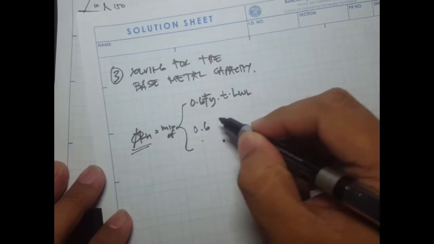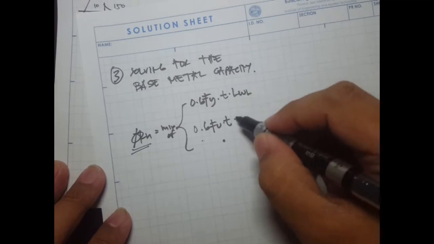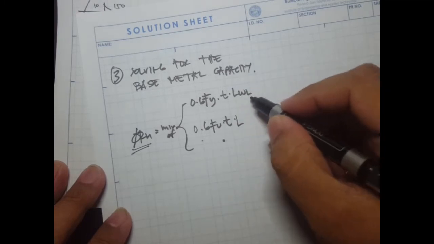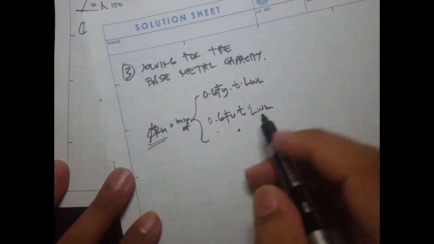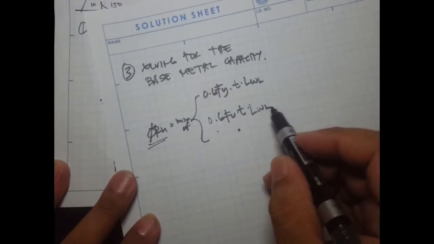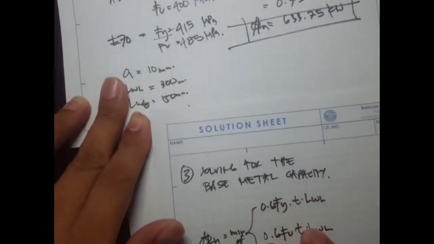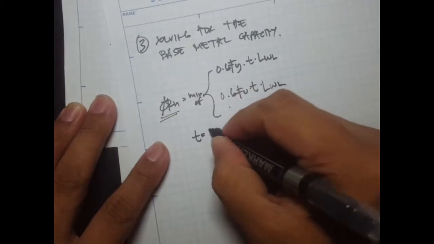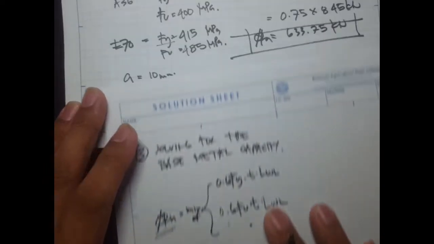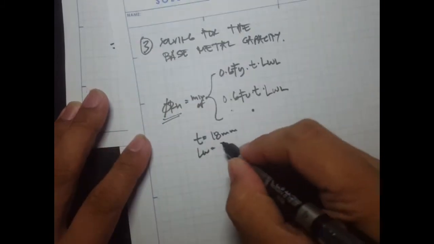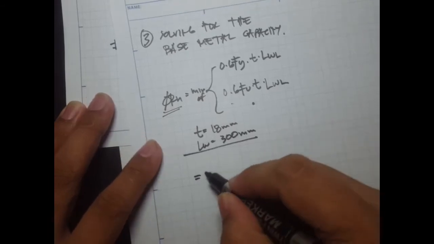And the other condition is 0.6 Fu times T times the same weld length along the longitudinal. Okay, so now our thickness, if you recall, is 18 mm, and our longitudinal weld length is 300. That's the total of 300. Okay, so now let's substitute the values.